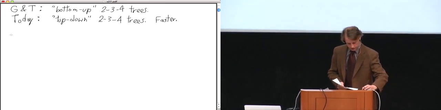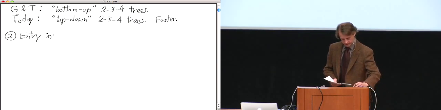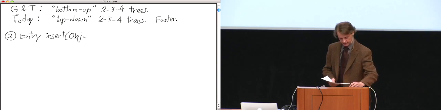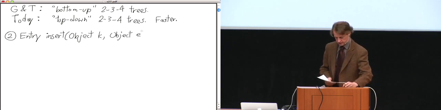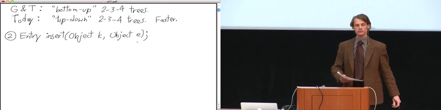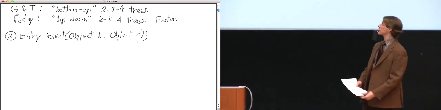The second operation we're looking at, once again, is the insert method on a 2, 3, 4 tree, which has exactly the same prototype as it has with a binary search tree. Because we're doing the same thing on the surface, it's still an ordered dictionary.